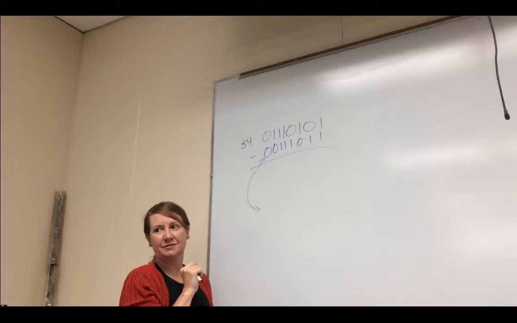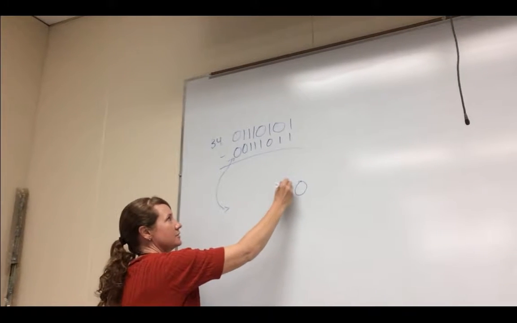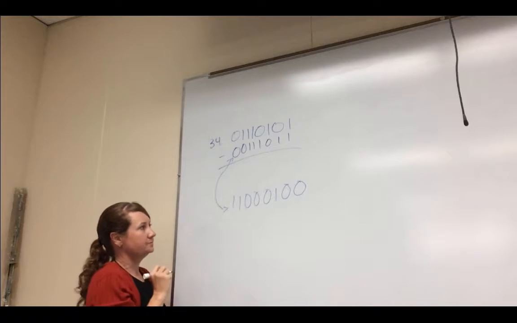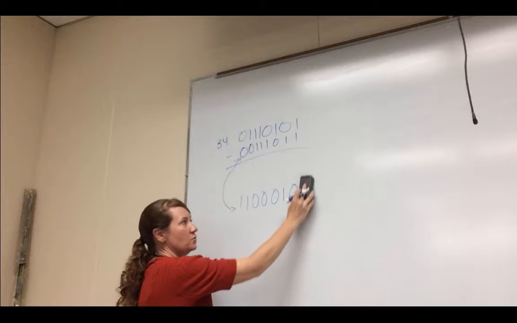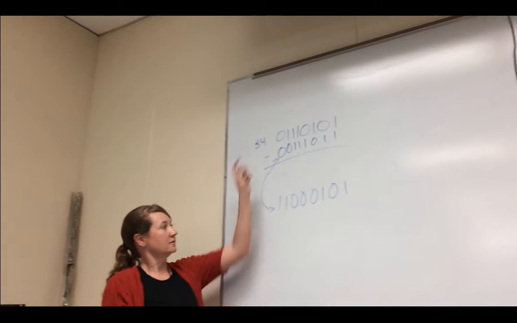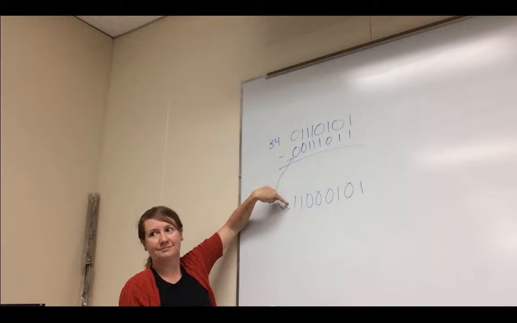And then you add 1. That's how you take the 2's complement. So it would be 0, 0, 1, 0, 0, 0, 1, 1, and then we add that 1. And that is this number in 2's complement form.